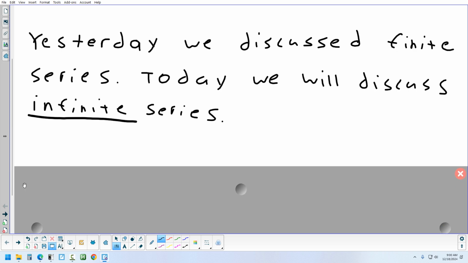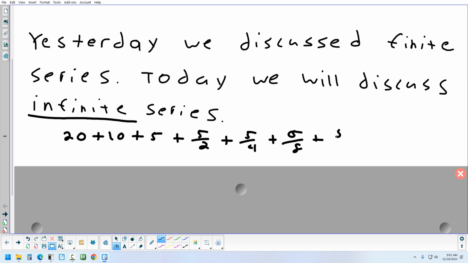When could it? Well, look at something like this. Let's say we had 20 plus 10 plus 5 plus 5 halves plus 5 fourths. What's happening each time? It's halving, right? It's halving every time.